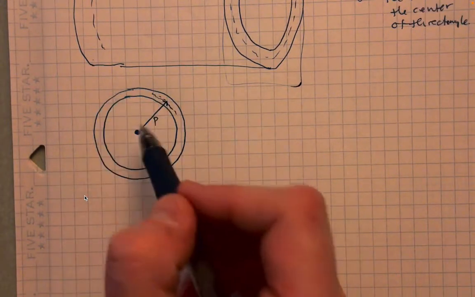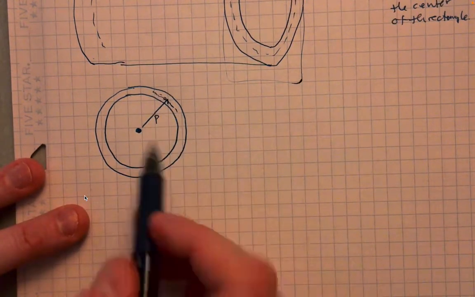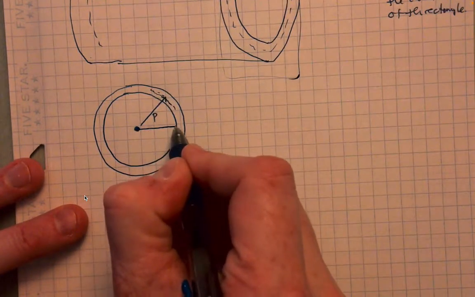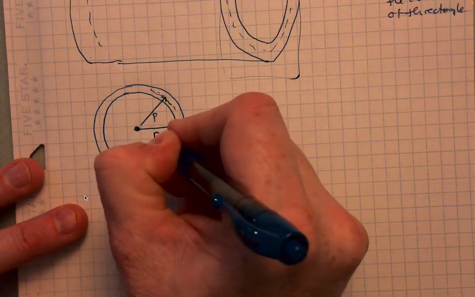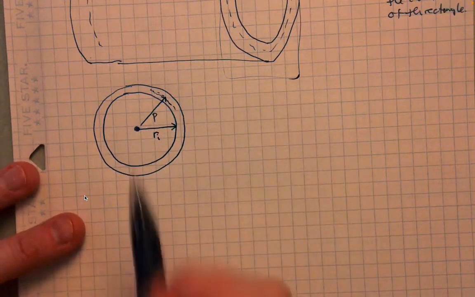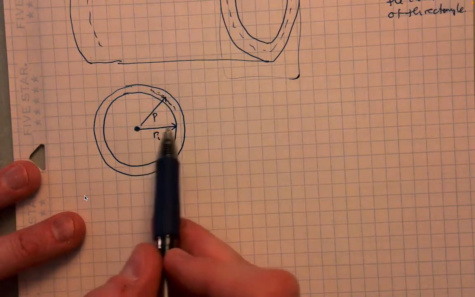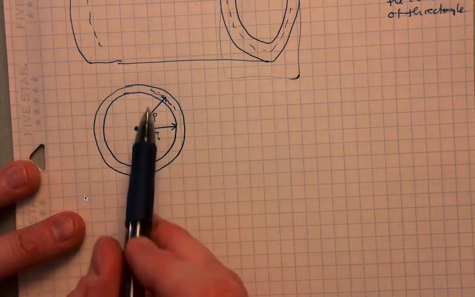Now we're going to define two other radii. The first one is the inner radius, and I'll call that r_i. That's the distance from the center, i.e. the axis of rotation, to the inside edge of the rectangle, the near edge.